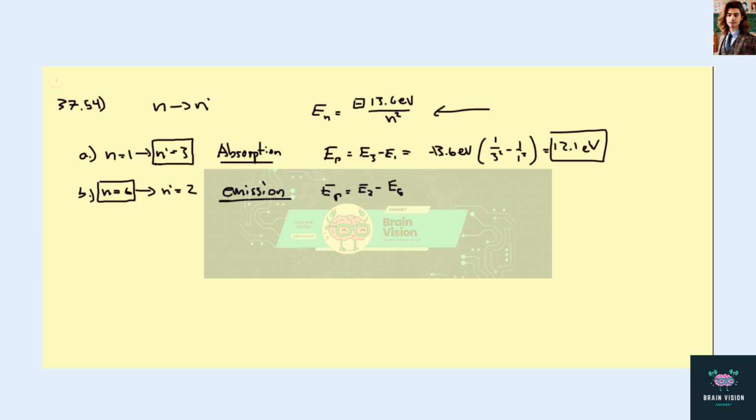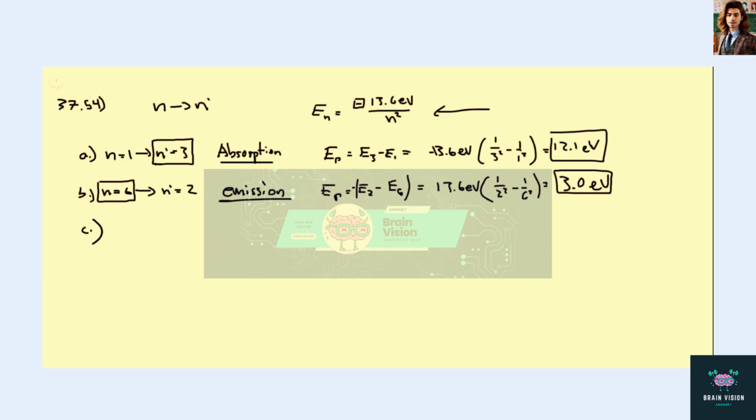Since we can't have a negative energy for our photon, this is just the absolute value of the difference, or we can also just add another negative sign for emissions to get a positive energy at the end. So this becomes 13.6 eV times 1 over 2 squared minus 1 over 6 squared. What does that give us? It gives us 3.0 electron volts.